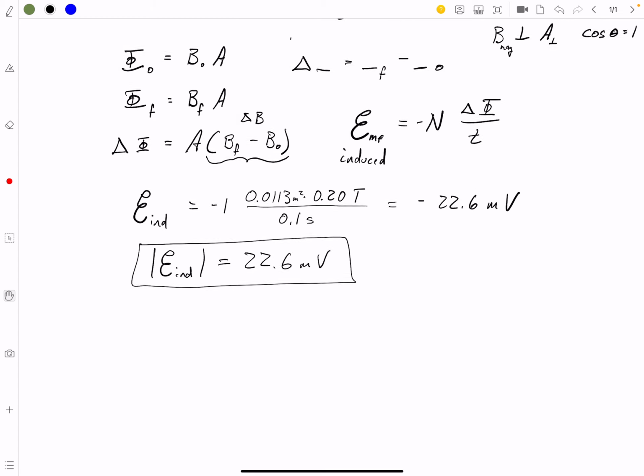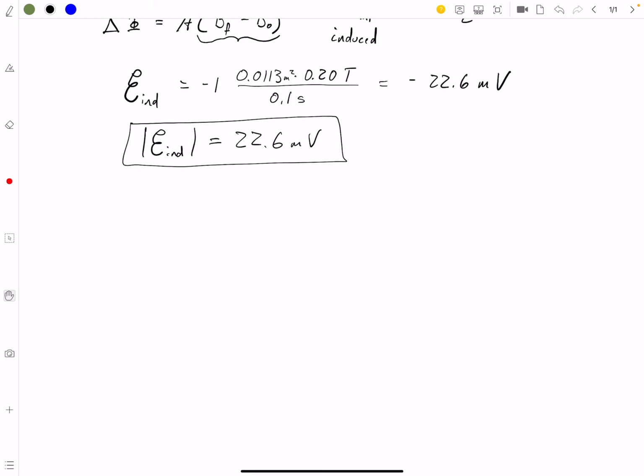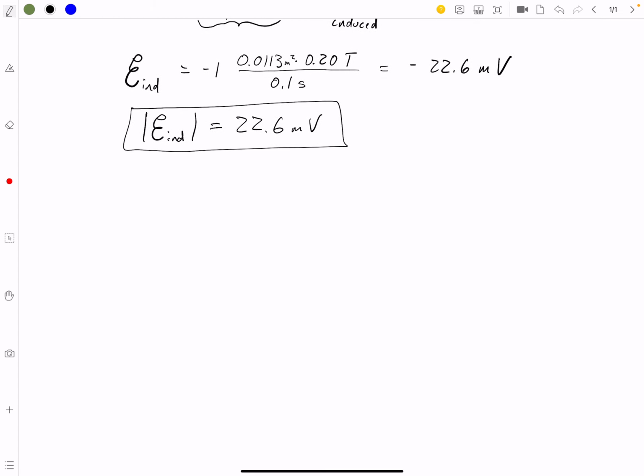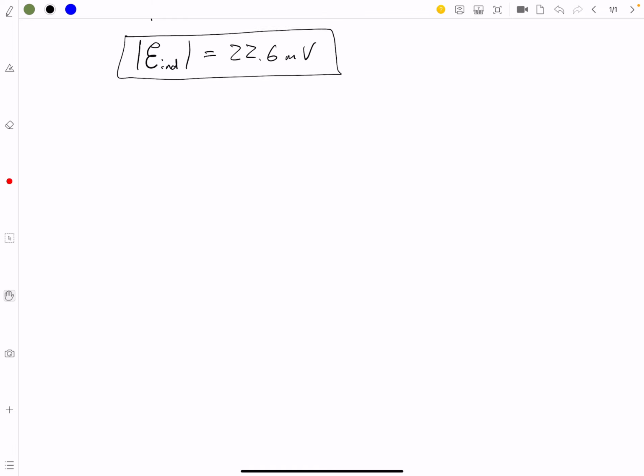That generates a current in the magnetic field. So the next thing, how else can you do this?